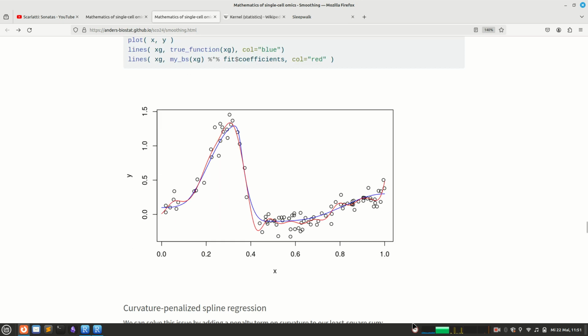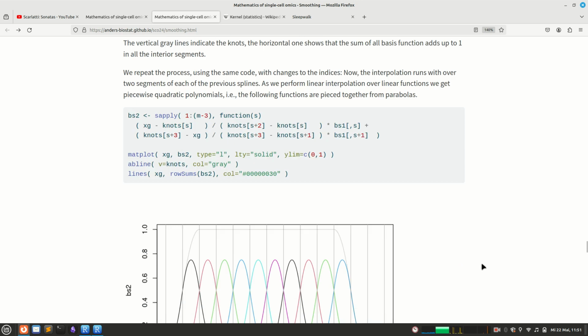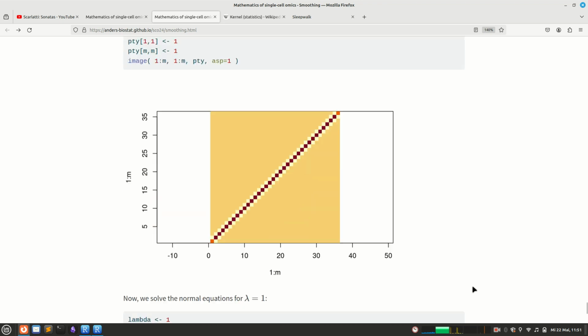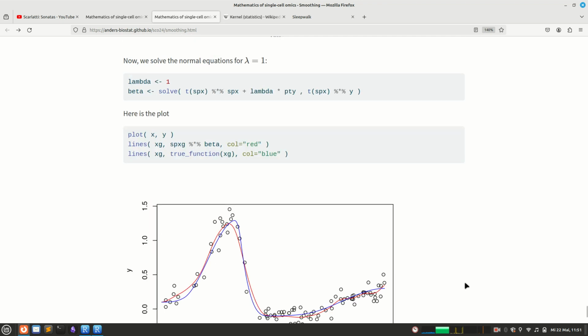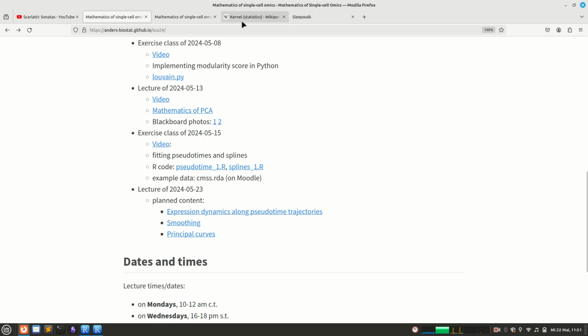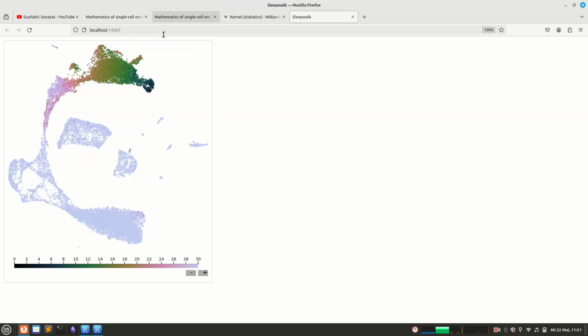Yep, I didn't get to spline regression. That's probably not so important anyway. I needed it for other stuff, that's why I put it into a lot more detail. But we'll talk a bit more about this, and then we'll talk about how to use all this to make a trajectory.